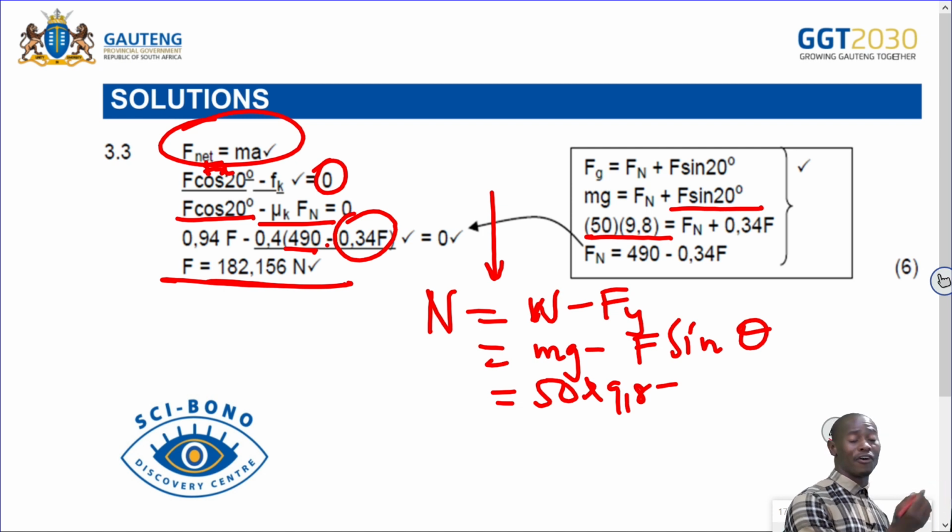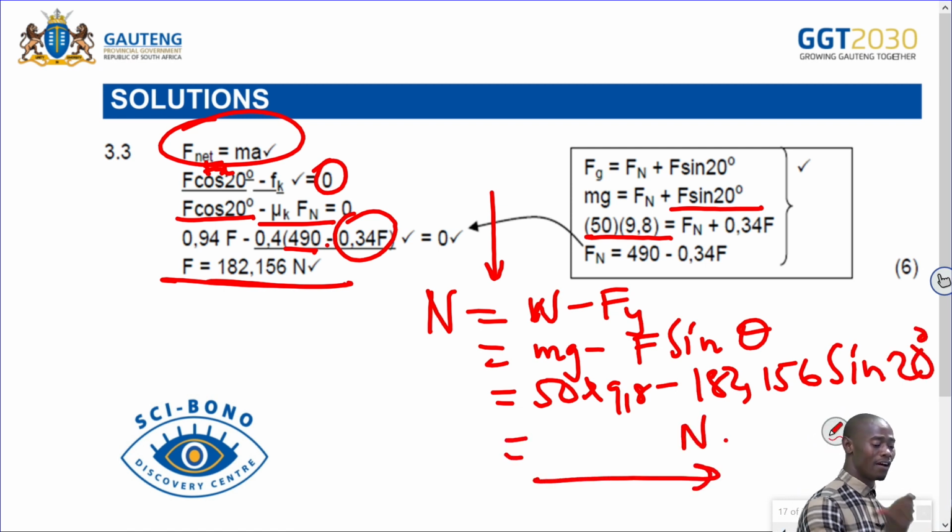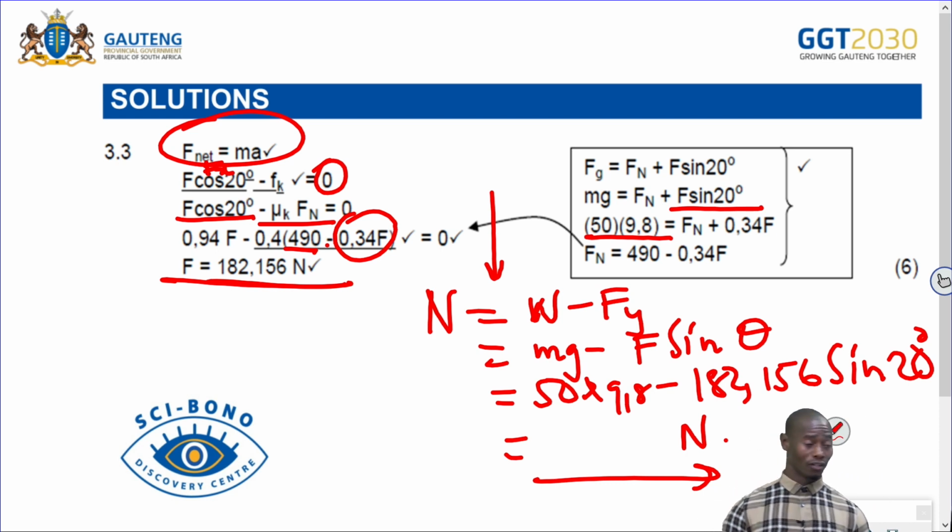If, for example, for your F you got 500, you're going to substitute by 500, right? And then sine 20 degrees. But what did you get here? It's 182.156, sine 20 degrees. Then we got the magnitude of the normal force in newtons.